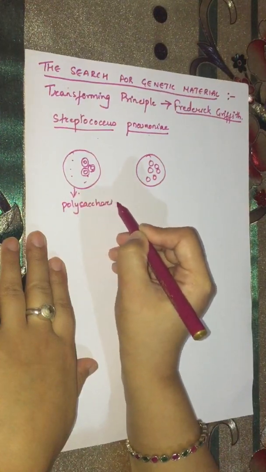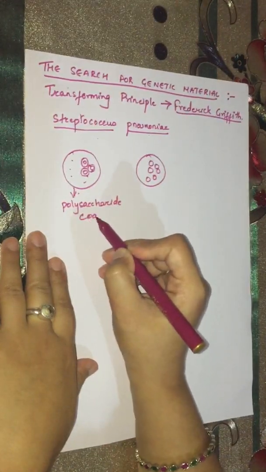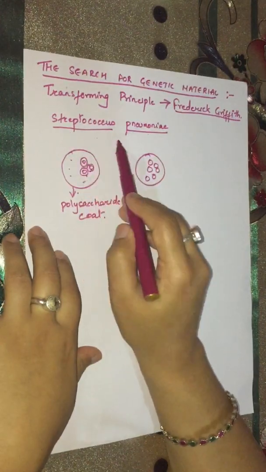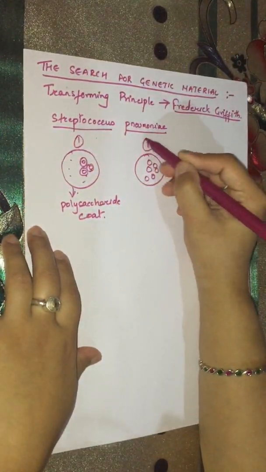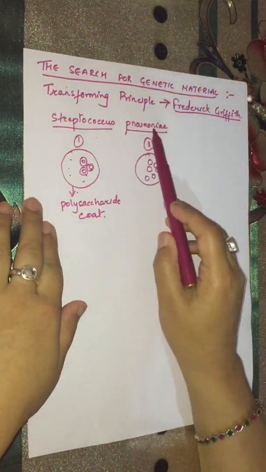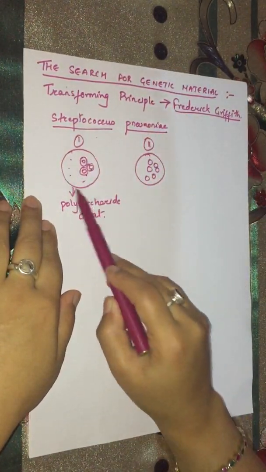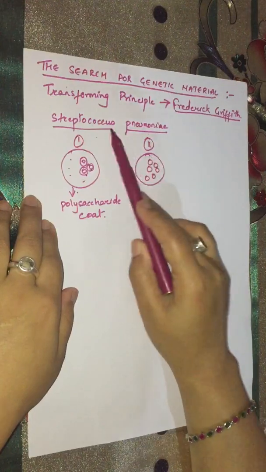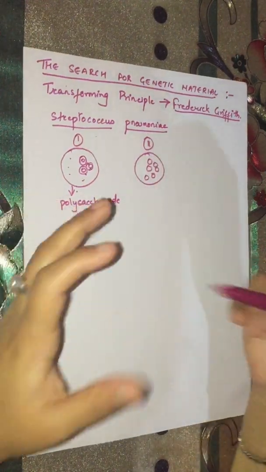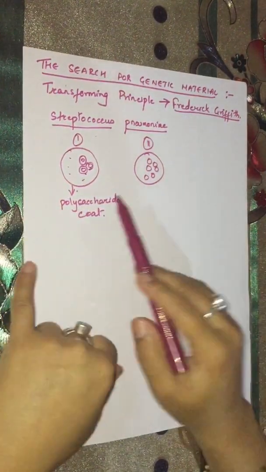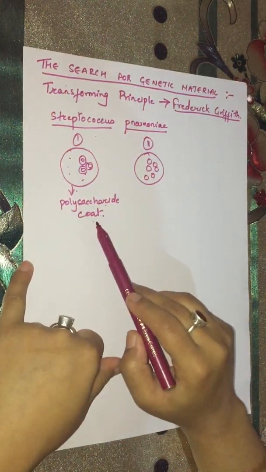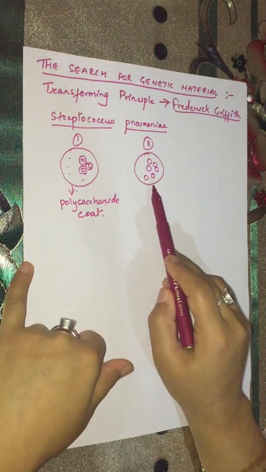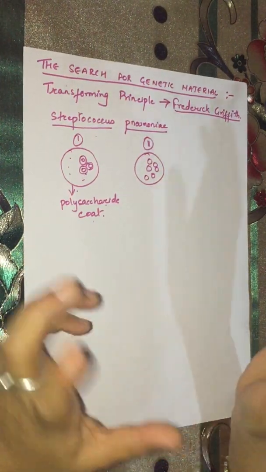As a result, suppose this is 1 and this is 2, some of the Streptococcus pneumoniae produce a smooth shiny colony, and some do not produce any smooth colony because they do not have the polysaccharide coat. They do not secrete this polysaccharide mucus coat, so they appear rough in texture.